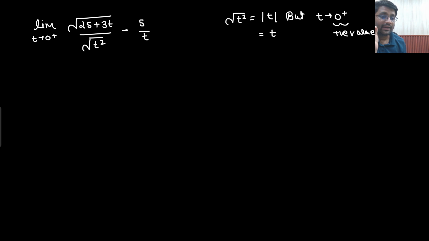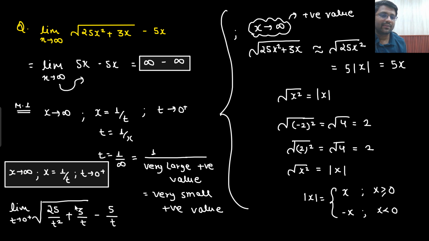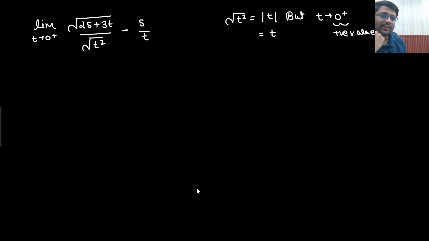So I have seen at a lot of places they will directly write down 25 plus 3t divided by t. Why is that so? The doubt would arise: sir, isn't it under root t square? And if it is under root t square, then it should be opening with mod of t. And sir, if it is opening with mod of t, how can you write t here? Because t is tending to 0 plus, not t tending to 0.